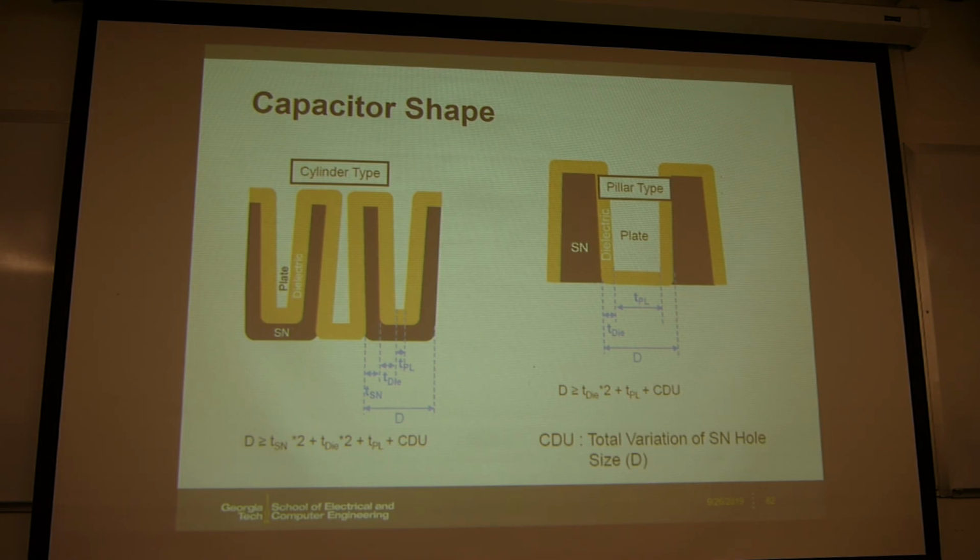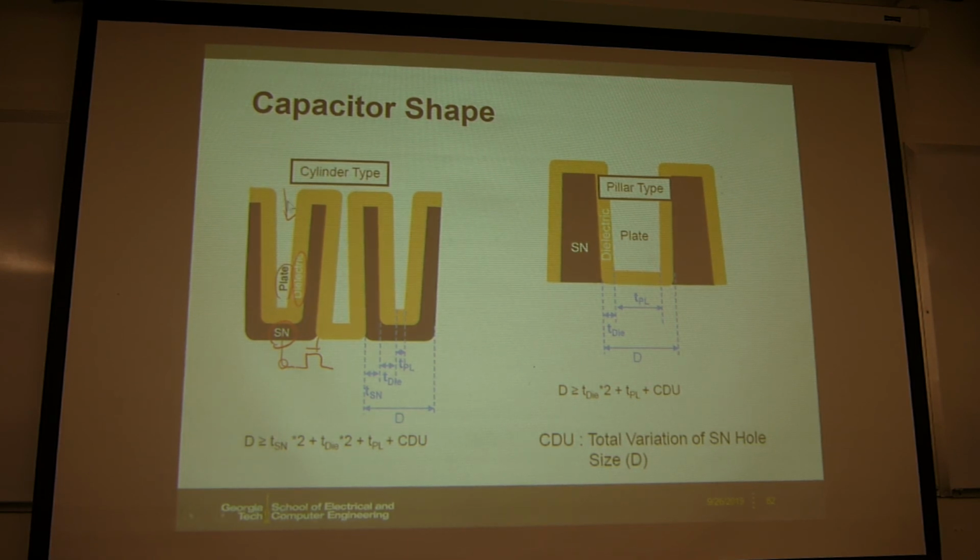For example, this black one is let's say the storage node where you connect this to the transistor's source or drain. So this is one electrode, and then this orange is this dielectric, this insulator, and then the other side, this white space is a plate electrode.